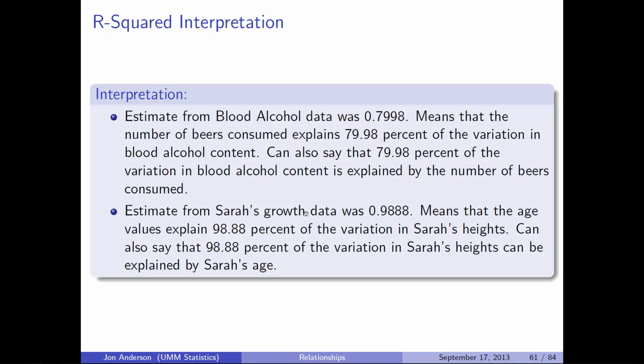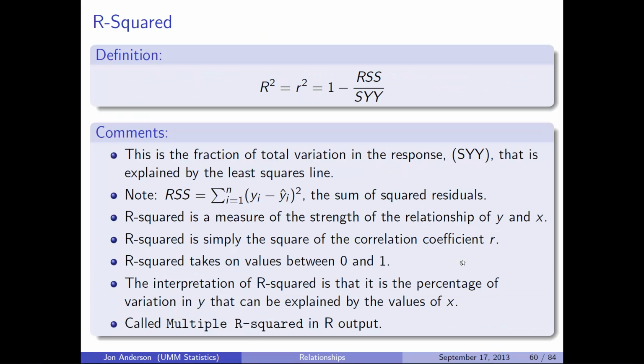For Sarah's growth, it means that 98.88% of the variation in Sarah's heights can be explained by her age. And that is almost a value of 1, or 100%. I should have mentioned back on this overhead that R squared can take on a value between 0 and 1, and if you change that to a percentage, that's between 0 and 100%.